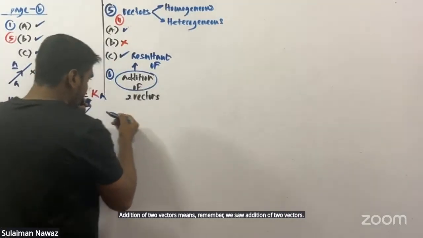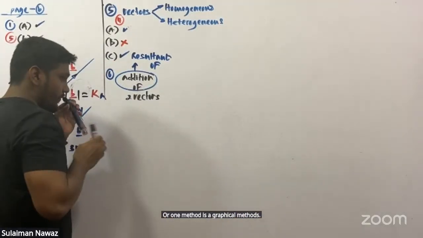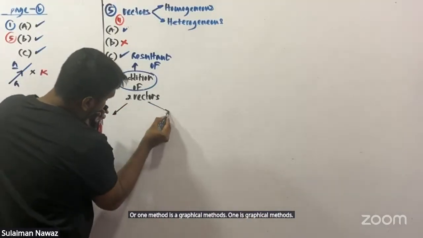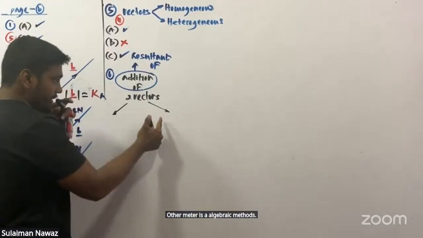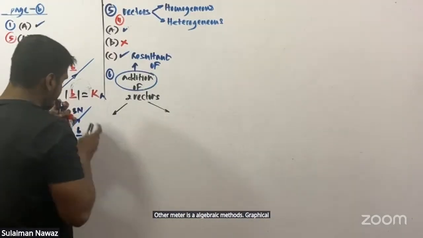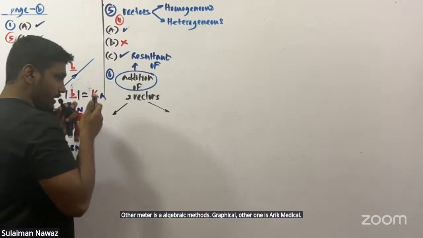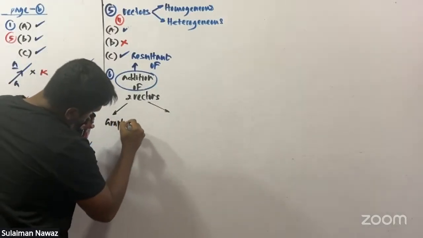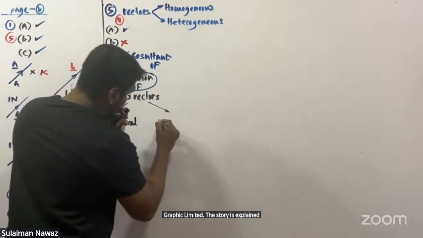One method is the graphical method. The other method is the algebraic, arithmetical method. Graphical method, other one is arithmetical. This story is explained.